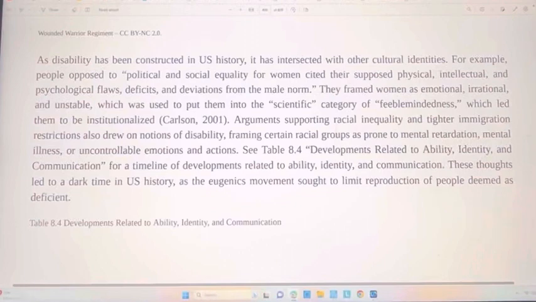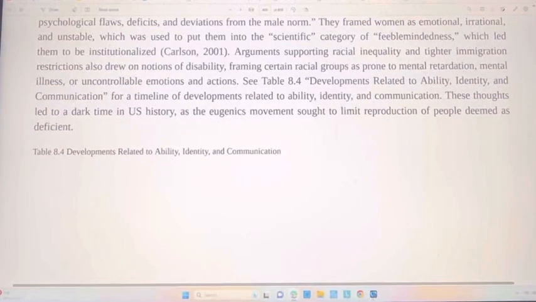These thoughts led to a dark time in U.S. history as the eugenics movement sought to limit reproduction of people deemed as deficient. Again, if you don't know what the term eugenics means, E-U-G-E-N-I-C-S, it basically was the beginning of the so-called birth control movement.